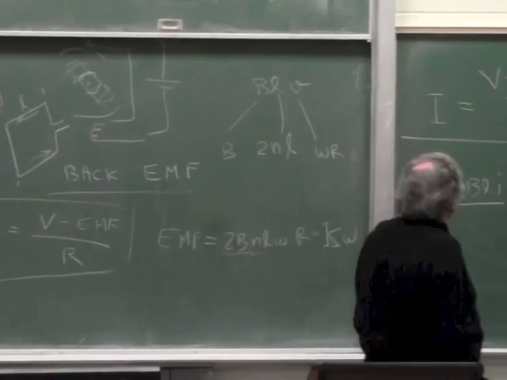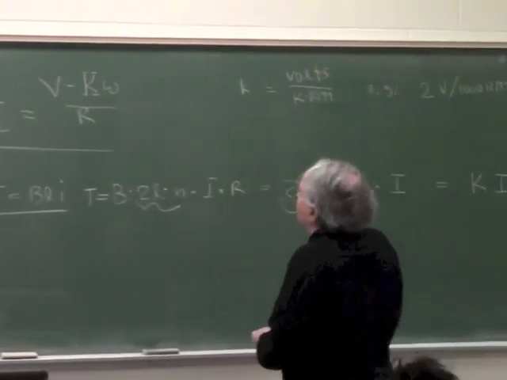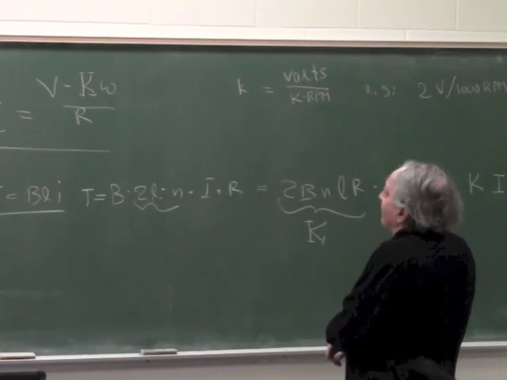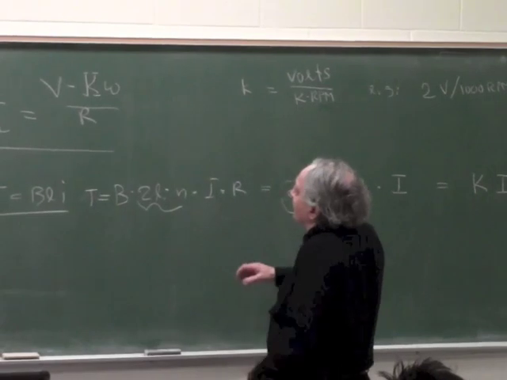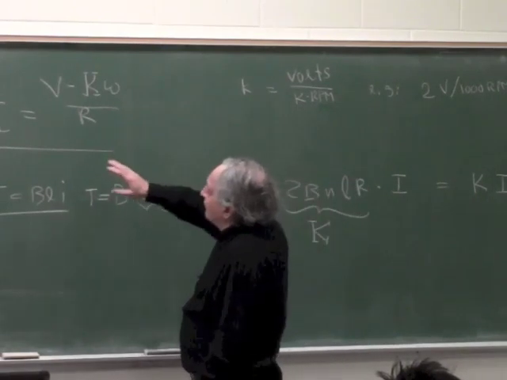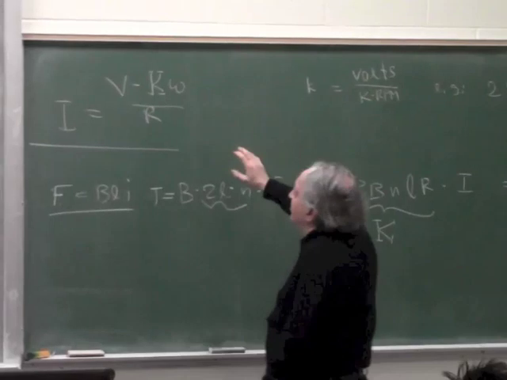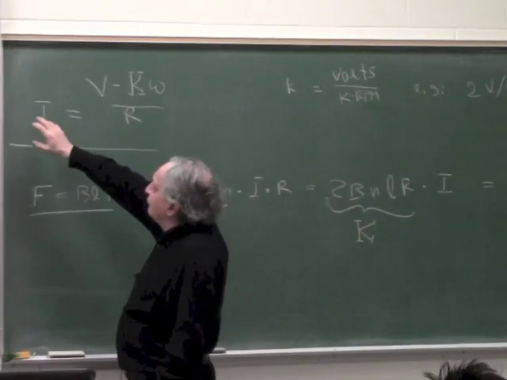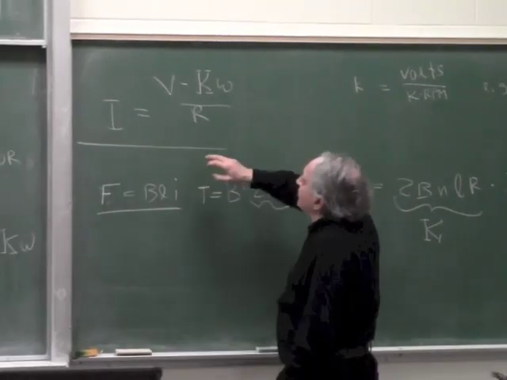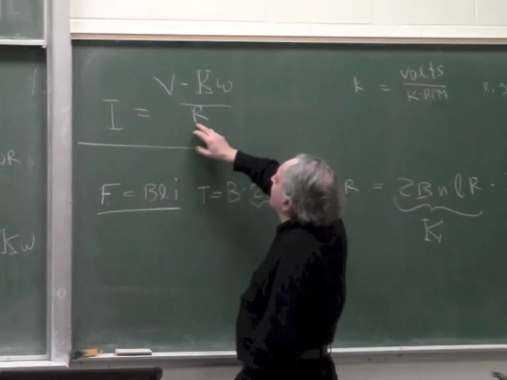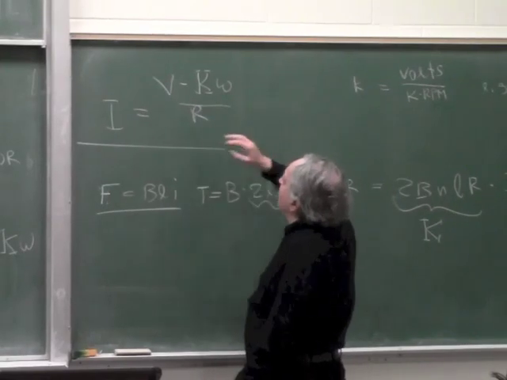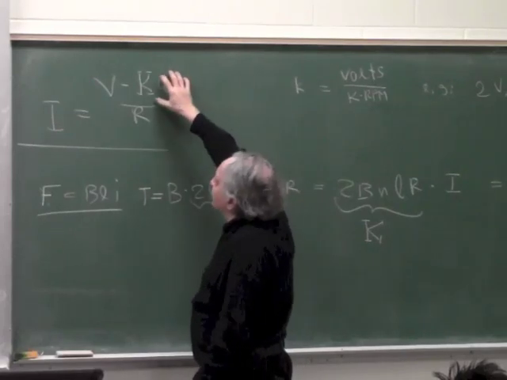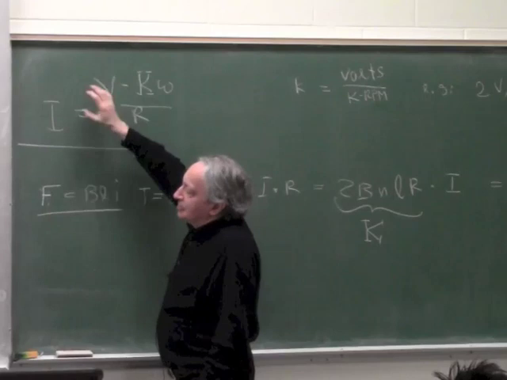I'm thinking a way of seeing it here: if I multiply both sides by voltage, I'm going to get here V times I as a power. I'm going to get here V squared over R, and I'm going to get voltage times this. So this part represents actual power, this part represents losses.